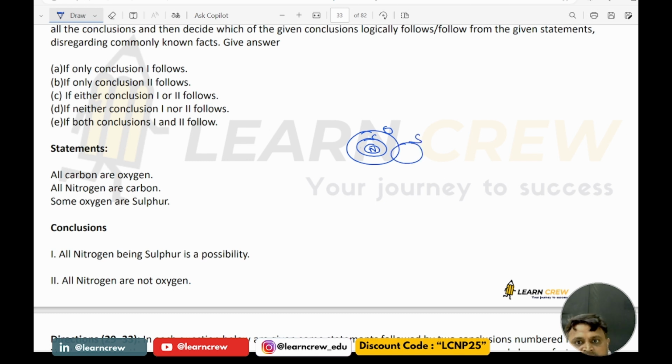So all can have an intersection also. All nitrogen being sulfur is a possibility. Yes. All nitrogen are not oxygen is not definitely true. So here the answer is only 1. So option A. Next.